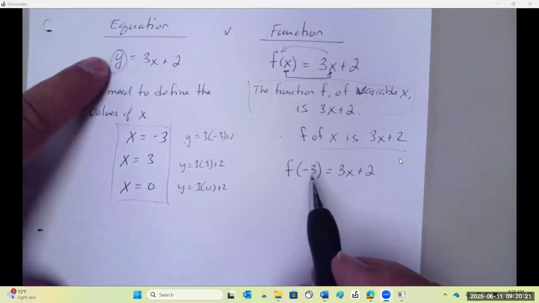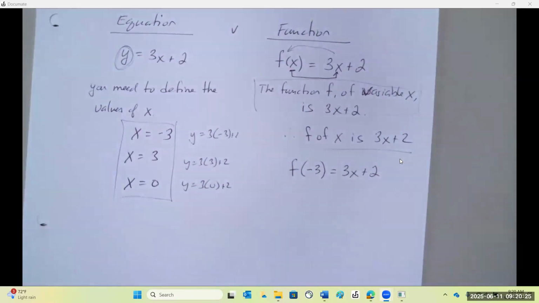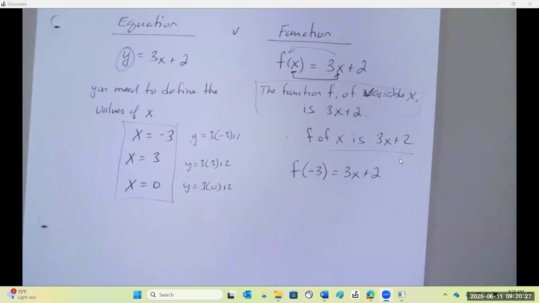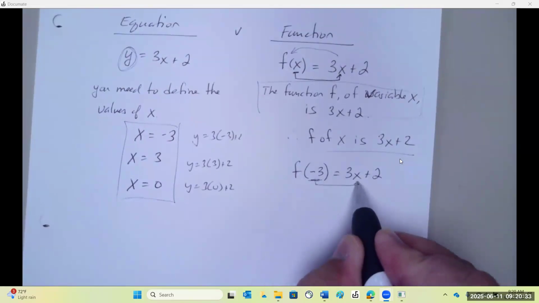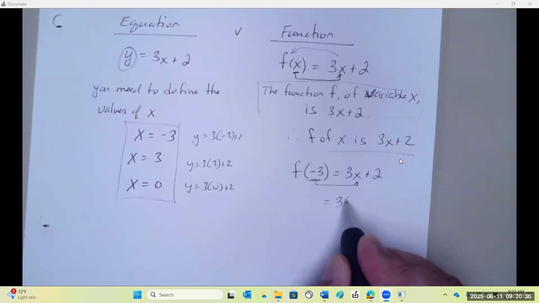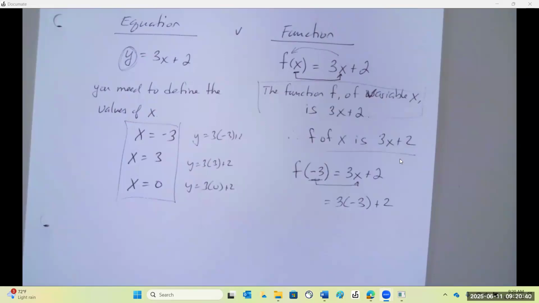Because instead of writing y equals this, I just put f of negative 3 is this. So what does this tell me to do? Anywhere I see an x, I put a negative 3 in its place. That's what it tells us. Whatever's inside the parentheses goes in place of every x in there.